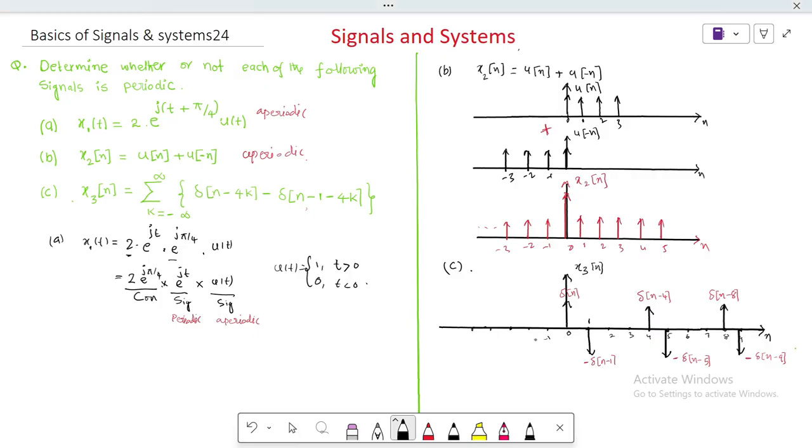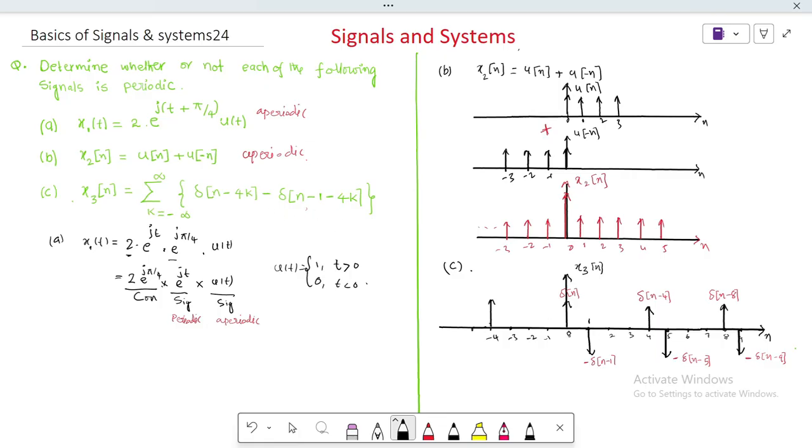So minus 1, minus 2, minus 3 and minus 4. Substitute k equal to minus 1: del of n plus 4, an impulse advanced by 4 units. The next, k equal to minus 1: del of n minus 1 plus 4, so the result is del of n plus 3.